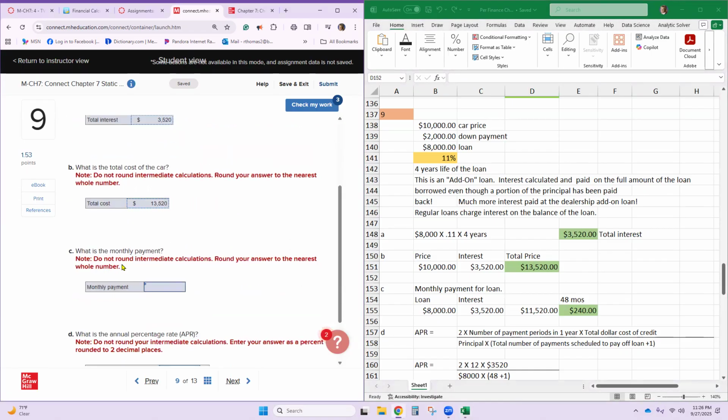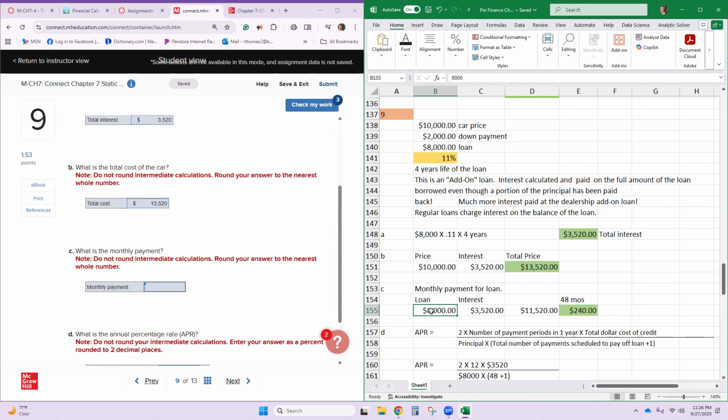Okay, what is the monthly payment? Now we have to go back to the loan amount, because the one above is the total cost of the car. Now we're just talking about the loan, and we're borrowing $8,000 because we put $2,000 down as a down payment.